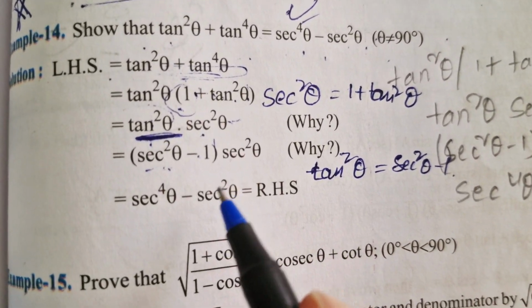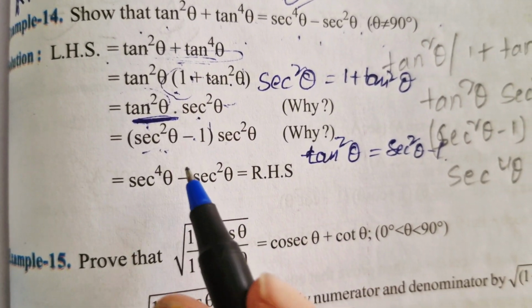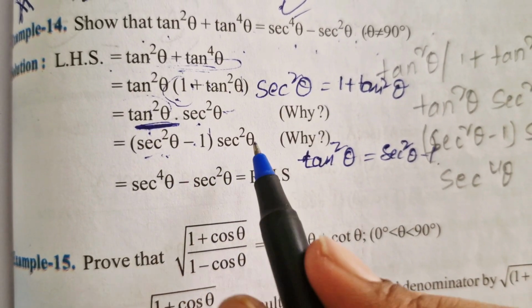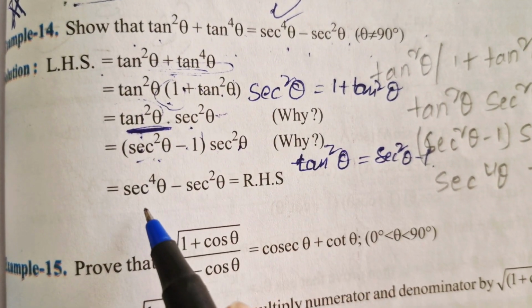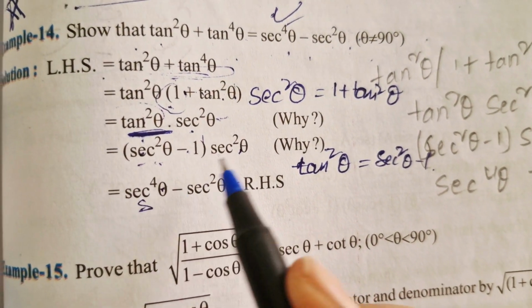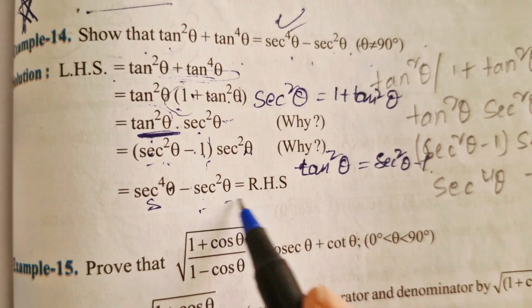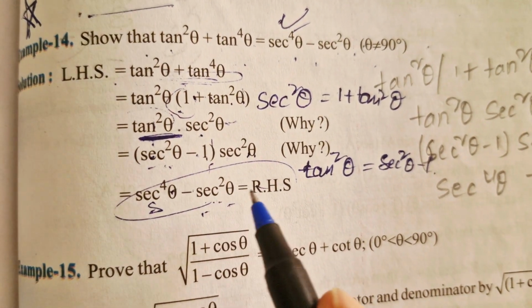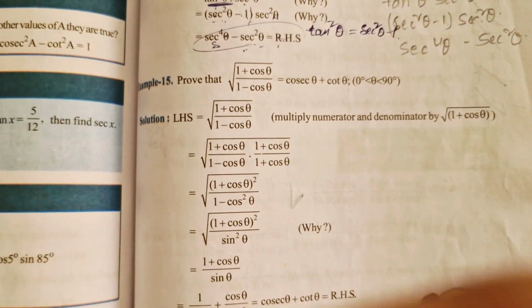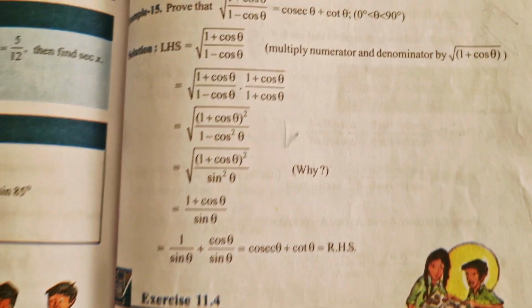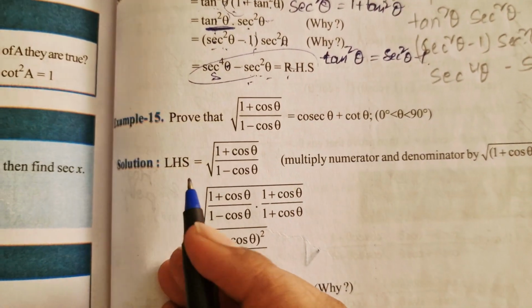These are the identities. You can see them in previous videos. So with that, we get secant square theta into secant square theta, which is equal to secant power 4 theta, minus secant square theta into 1, which is secant square theta, which is RHS. Hence proved.